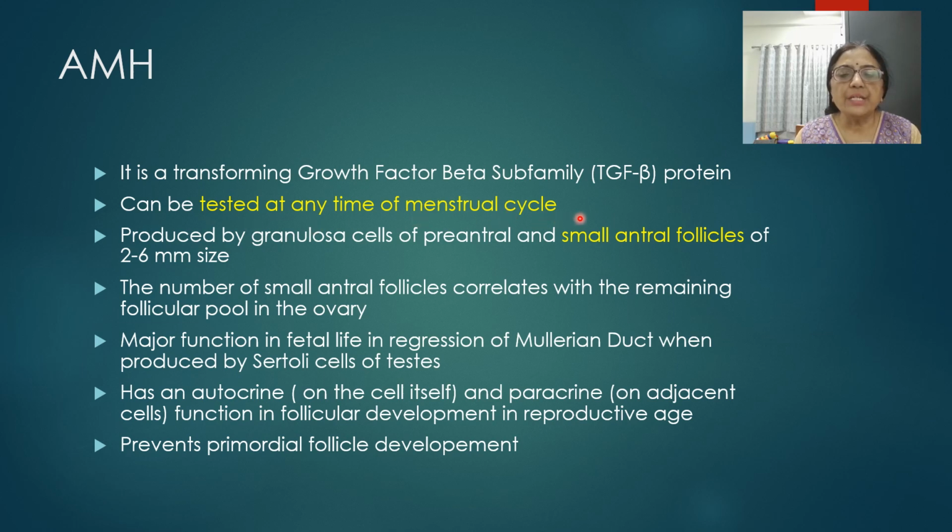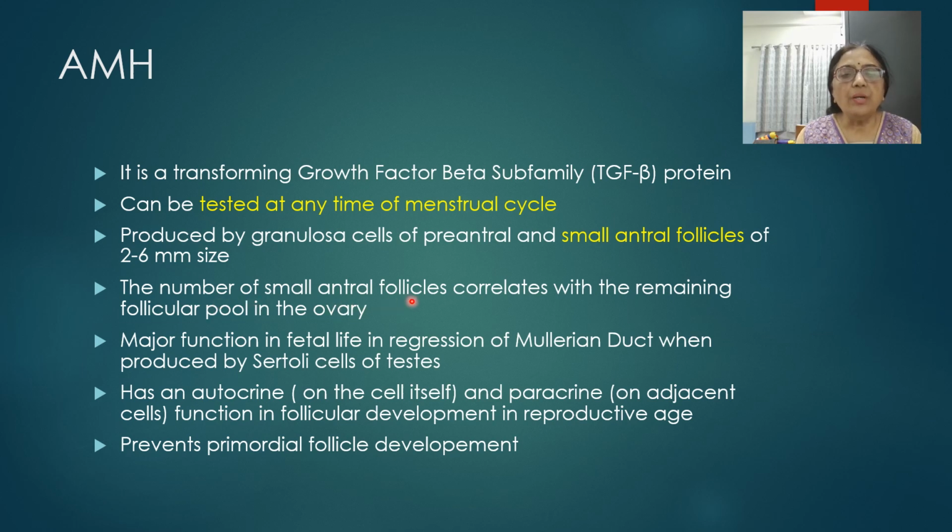It is produced by granulosa cells of pre-antral and small antral follicles of 2 to 6 millimeter size. Once the size increases beyond 6 millimeter, the production of anti-Mullerian hormone is less.